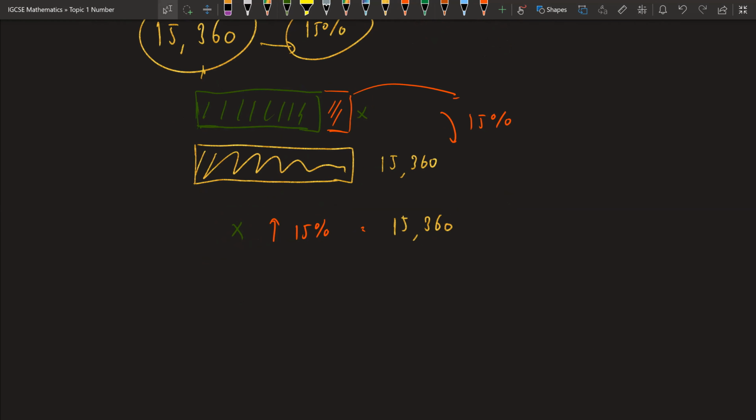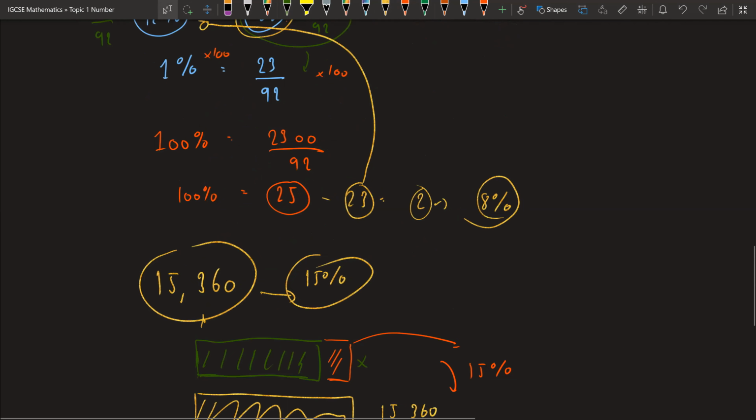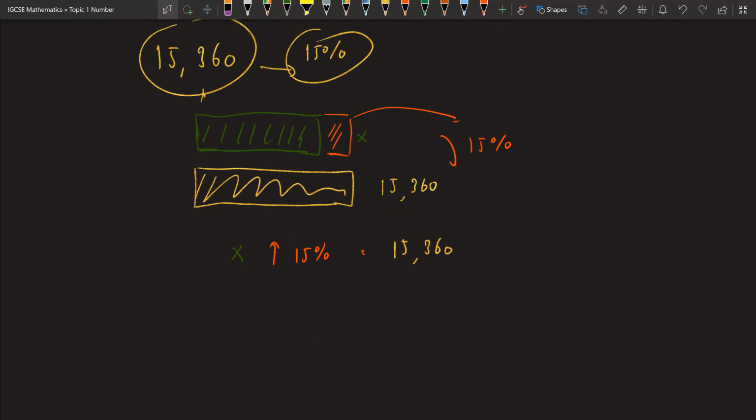So first of all, we have to find the 1% first. If a 15% increase of X is equal to that, then we need to know what's the 1%.